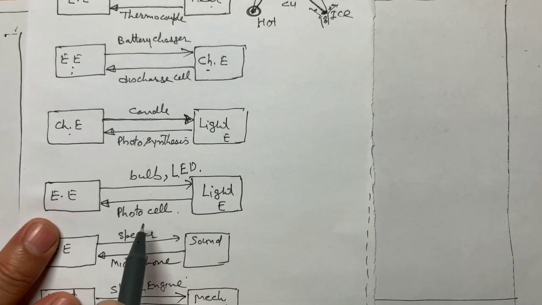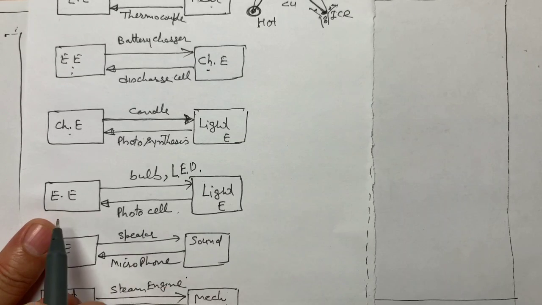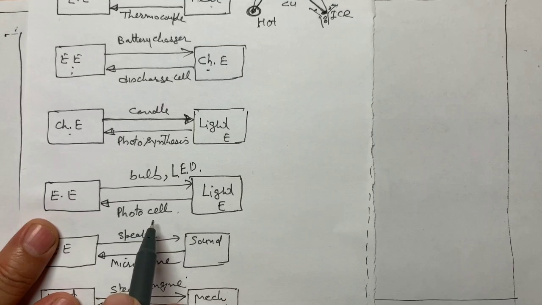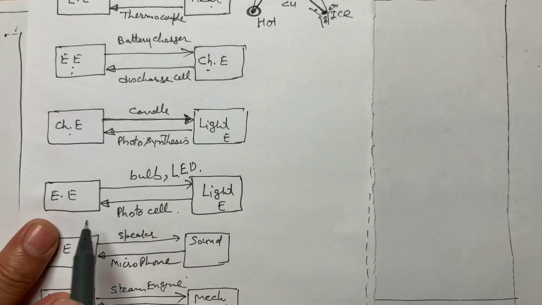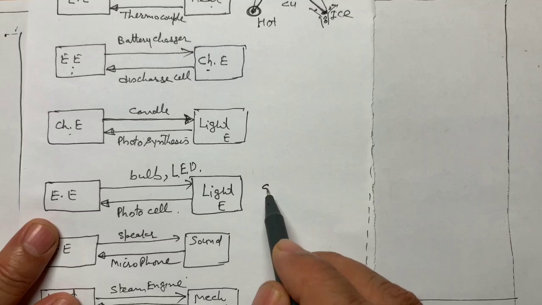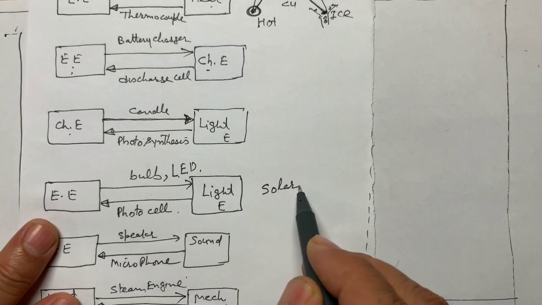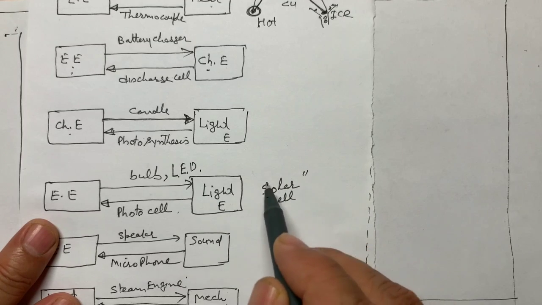That is a photocell. A photocell is a device which converts light energy into electrical energy. When light falls on this cell, energy is produced. You can say that a photocell is nothing but a solar cell. Both are the same.